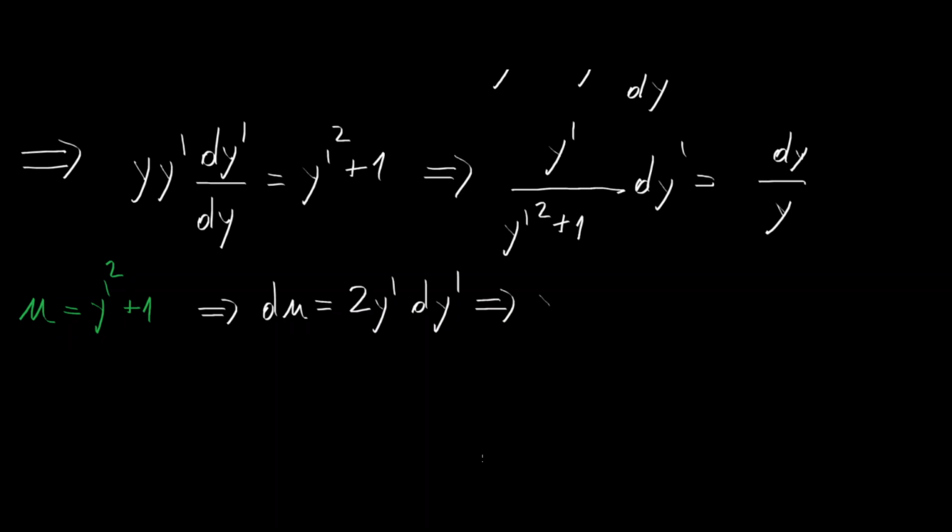I will first extract the value of y prime dy prime, which is equal to 1/2 du. That's what we're looking for, because this term here, let me check a little bit. This is a small mistake.